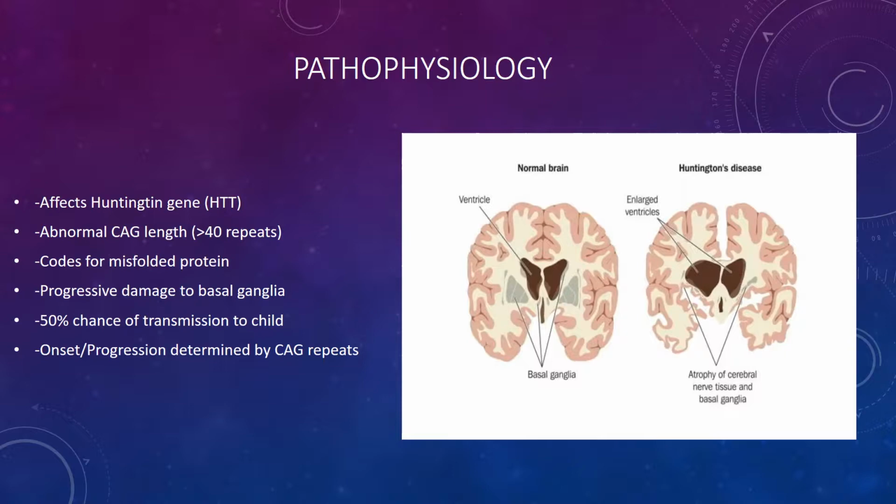And on top of this, the higher the number of repeats someone has also increases the likelihood of mutation during DNA replication. Basically what that means is when a parent, say a non-Huntington's parent, with 35 repeats or so, has a child, it's possible for that HTT gene to have mutated to produce, let's say, 40 or 45 repeats of the CAG.